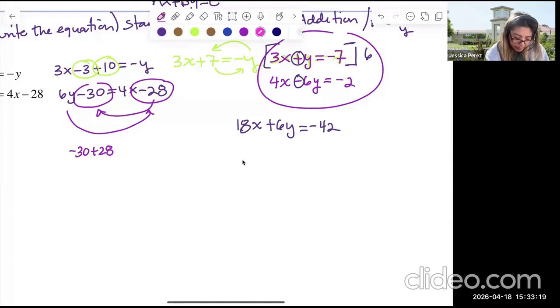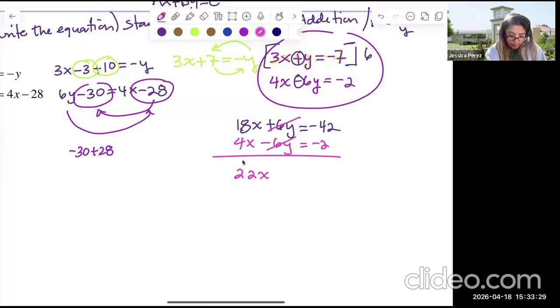On the bottom, I have 4x minus 6y equal negative 2. I have 22x because 18 and 4 is 22. The y's will cancel, is equal to negative 44. I'm going to divide both sides by 22, which is half of that, so it's minus 2. So I get x to be negative 2.